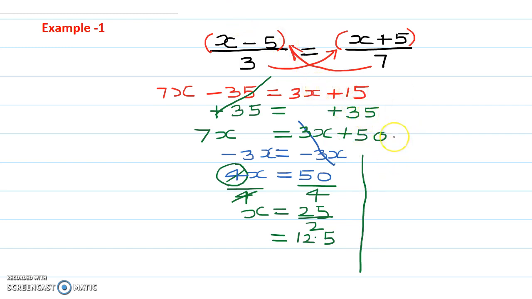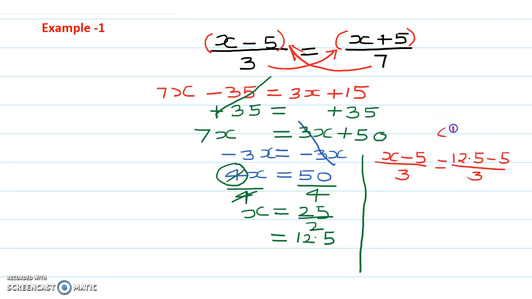Our left hand side expression was, you always check your answer, (x minus 5) over 3. If you put x as 12.5, it will be 12.5 minus 5 divided by 3.